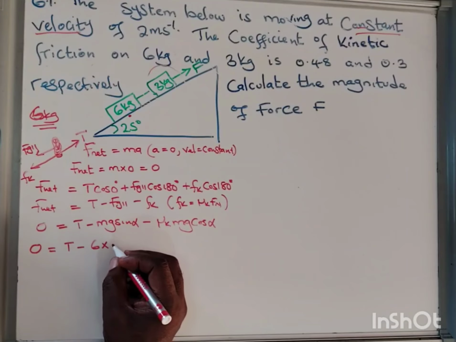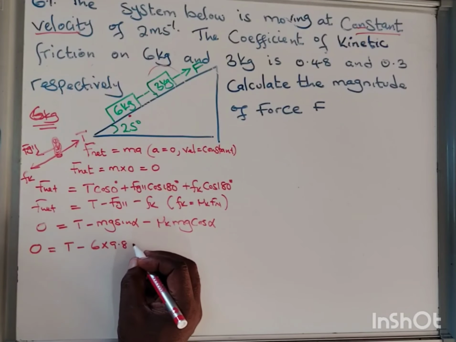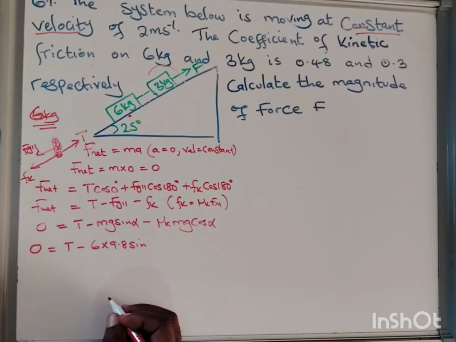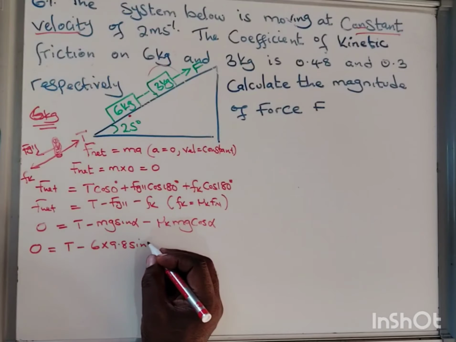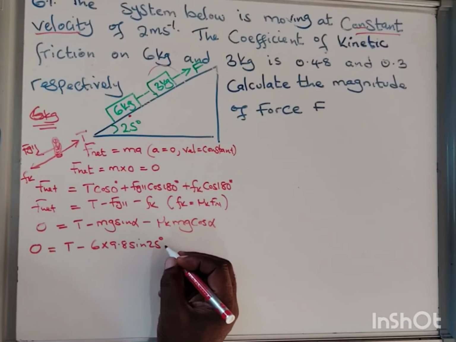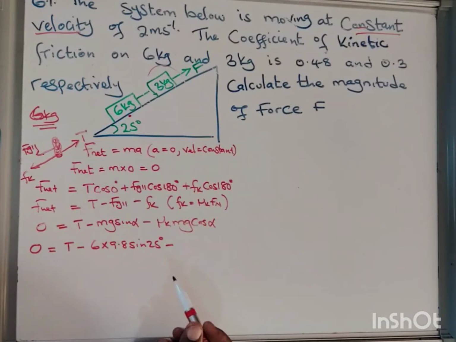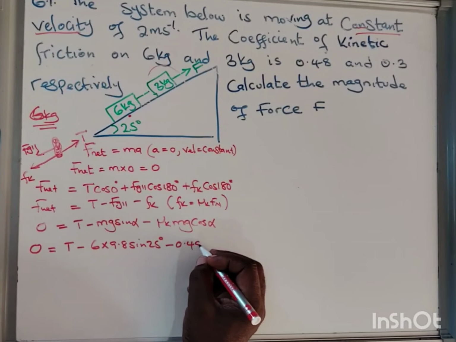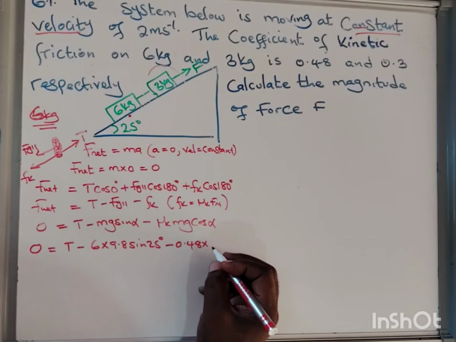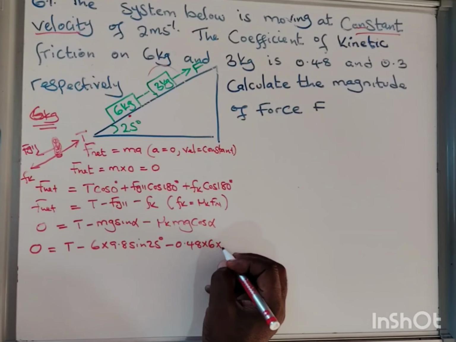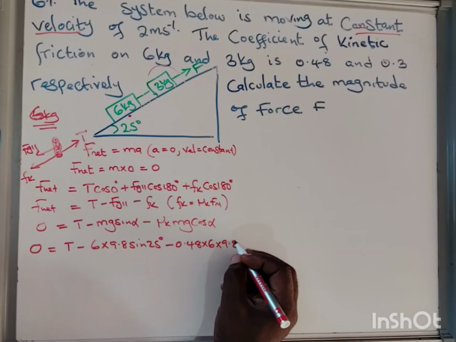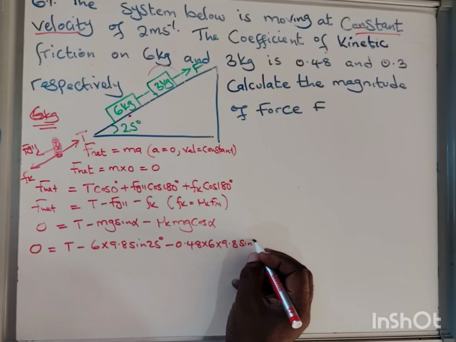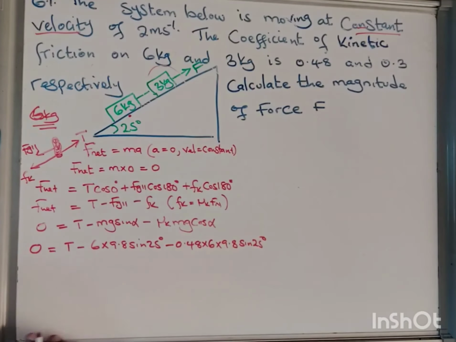6 times 9.8 sine 25 degrees, minus mu on the 6 kg, which is 0.48, times mass, which is 6, times 9.8 sine 25 degrees.